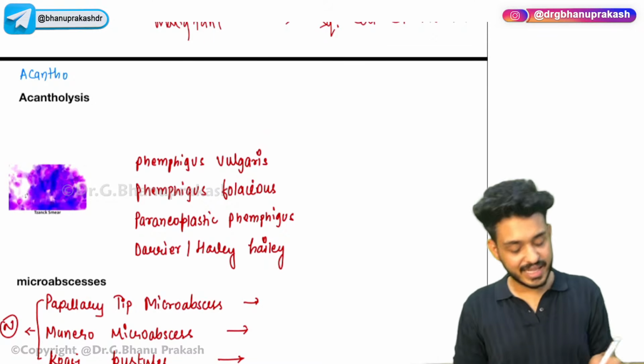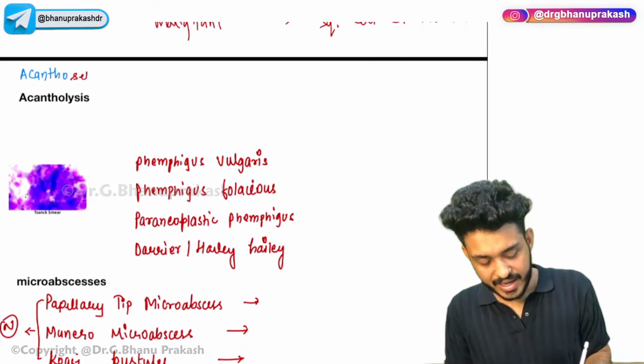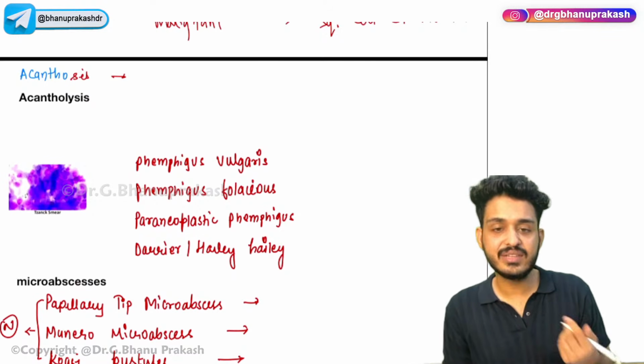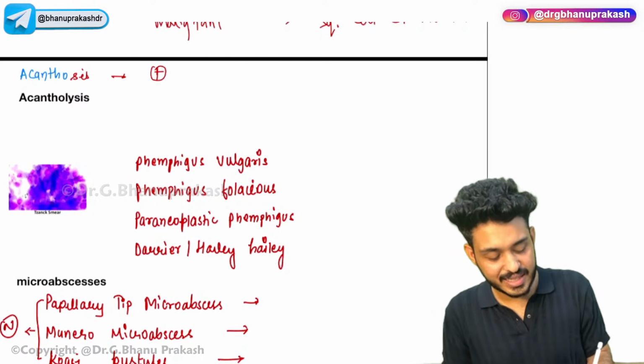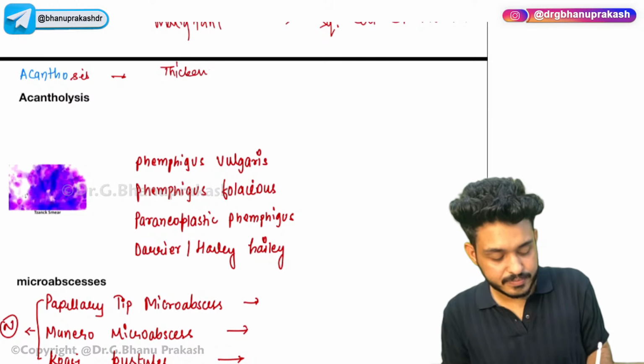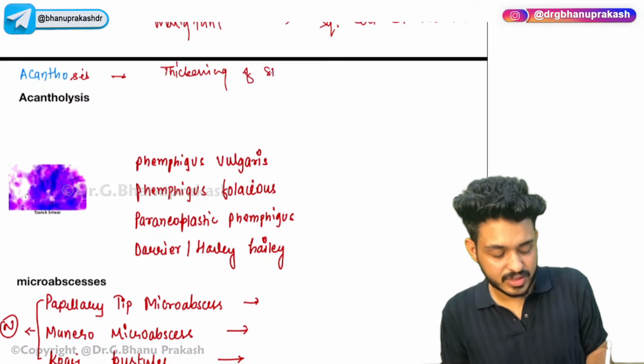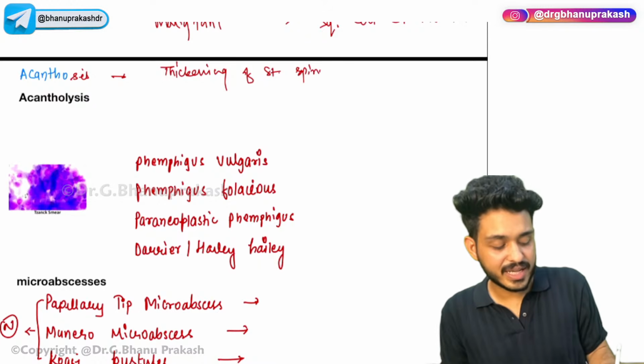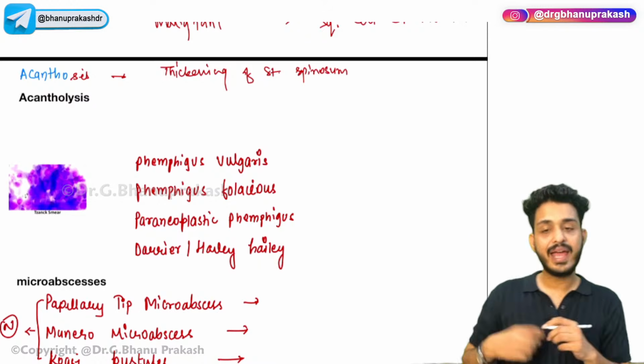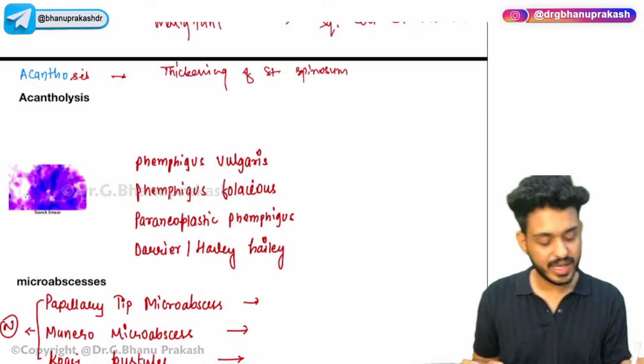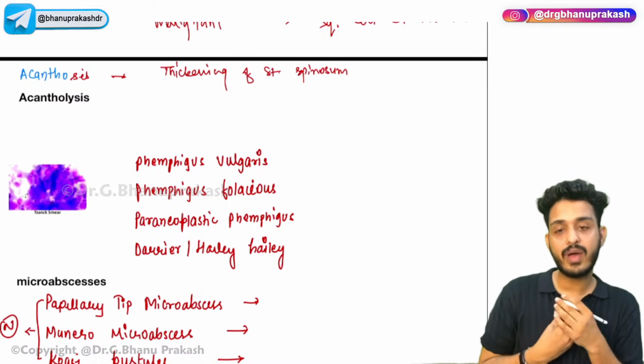Acanthocytes. What is the meaning, guys? Acanthosis, the first thing we have already seen. What is the meaning of acanthosis? That is thickening of the stratum spinosum. When the stratum spinosum gets thickened, that is known as acanthosis. What is the meaning of acanth?